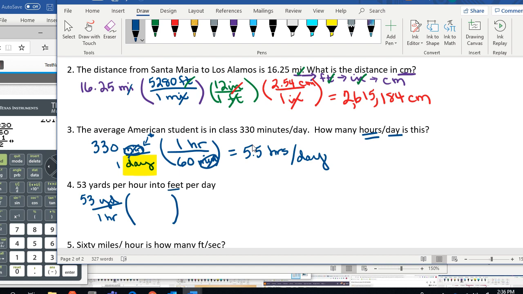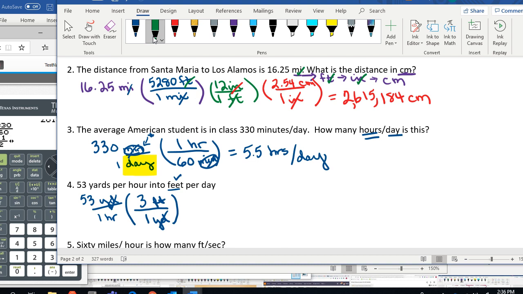Okay, so I'm going to feet. So first thing I want to do is change yards to feet. So 1 yard, if you need to go back and look this up, is 3 feet. Notice yards and yards cancel, and I'm at the feet mark because I've got feet right here.